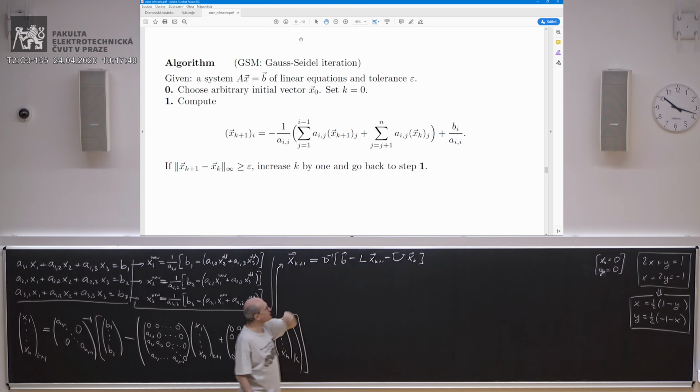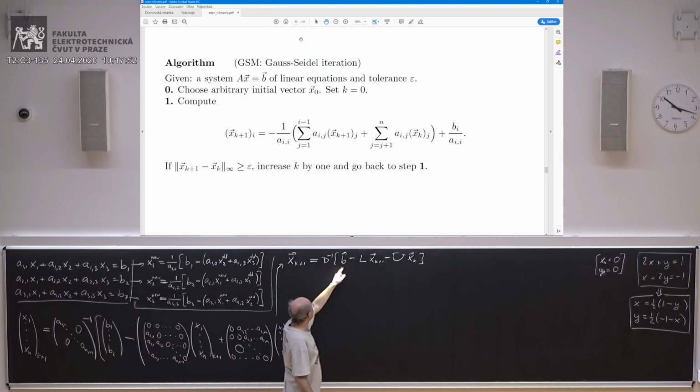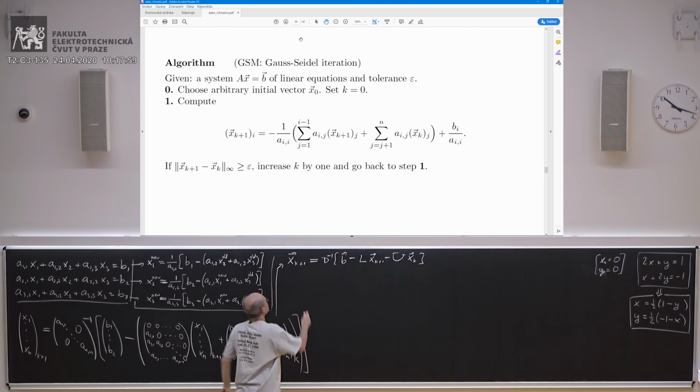So if we want to see the proper iterative formula, we have to play with it a little bit. I multiply out this D inverse, and then I take the term with xk plus 1 and move it to the left.